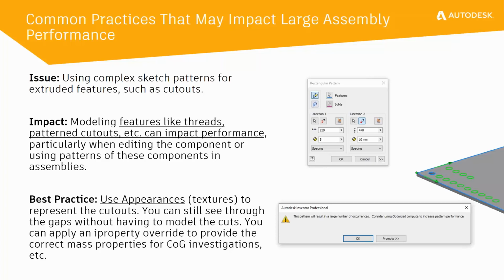And in many cases, the texture will actually show holes through the part, so you get a similar effect for what you're looking for. The challenge is the part mass doesn't necessarily weigh the same as what it would if you did have all those cutouts in place or the correct geometry. Reality is you can go and override that with an iProperty anyway, so that negates that problem in this instance.